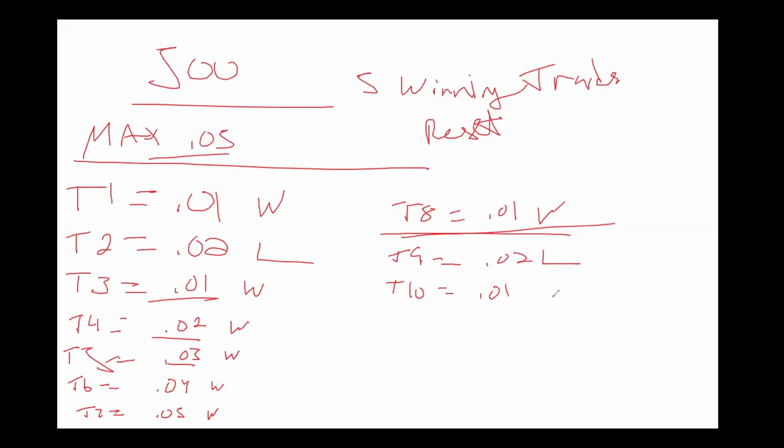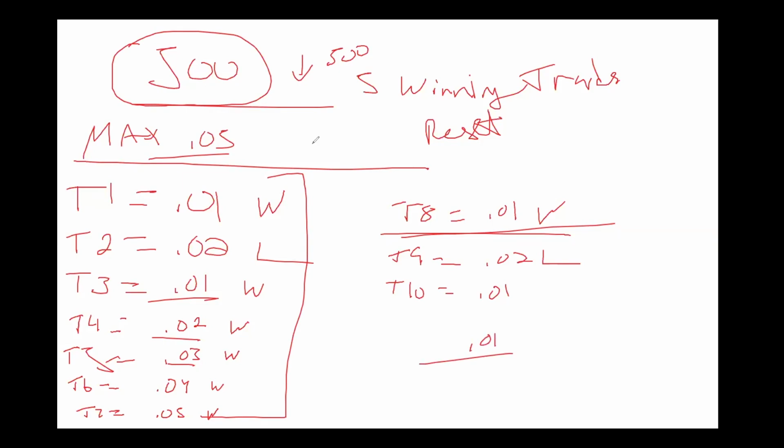Now, another thing to keep in mind is that if for any reason your balance drops below 500, you cannot scale. You're basically stuck at trading 0.01s until you get your balance back. Does that make sense?